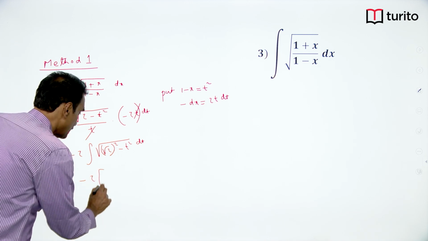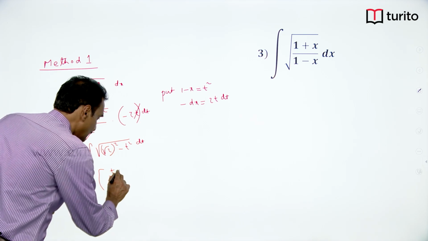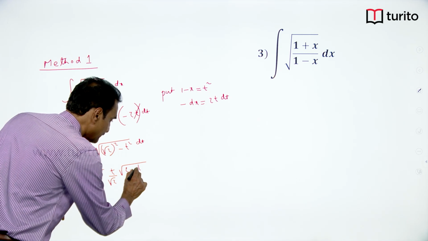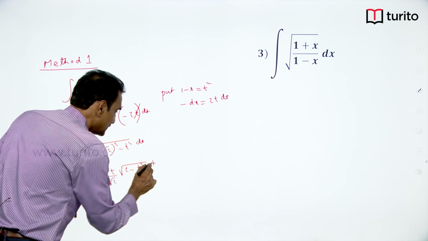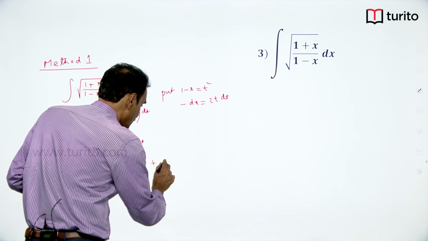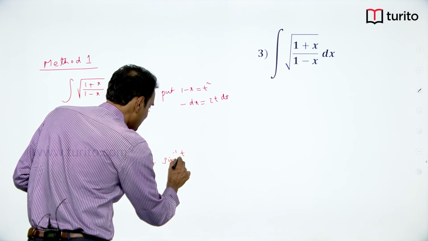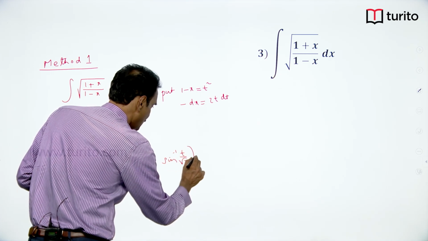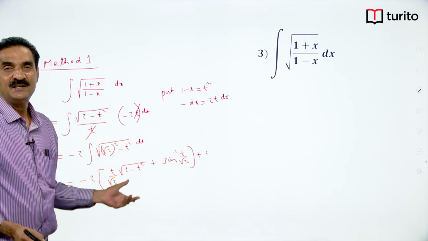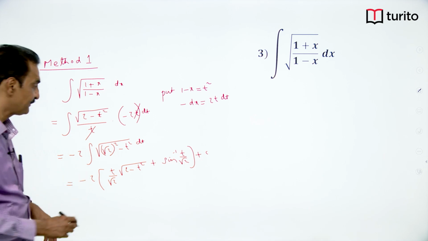Minus 2 into x by 2 means t by root 2, root over a square minus x square means 2 minus t square, plus a square by 2 means a square is 2, 2 by 2 is 1, into sin inverse x by a means t by root 2, plus c. Substitute t as root over 1 minus x. Okay?